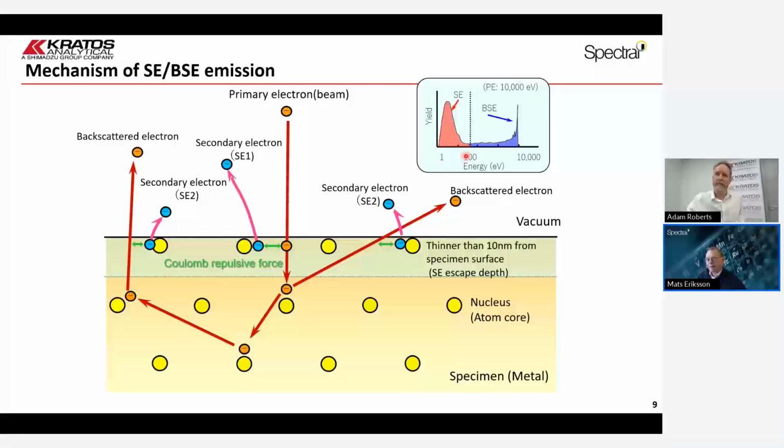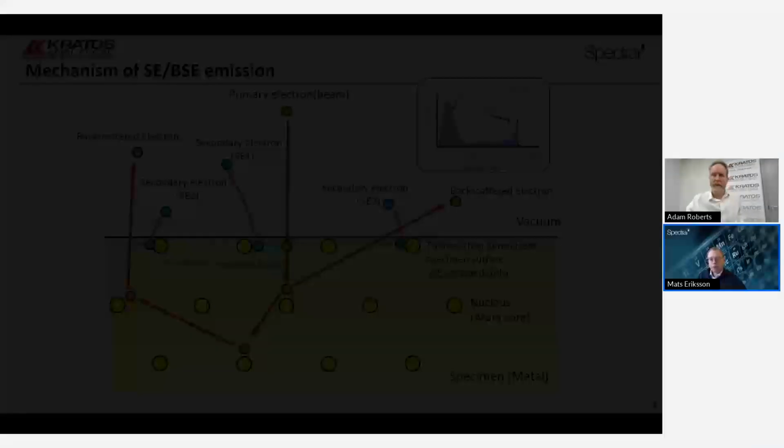Then there are backscatter electrons that are fully or partially elastically scattered, bouncing in the material and back again. As the secondary electrons have low energy, they really come from the top, maybe 10 nanometers from the surface. But the backscattered electrons, especially at a high primary electron energy, can escape from rather deep in the material. So just a reminder of that.